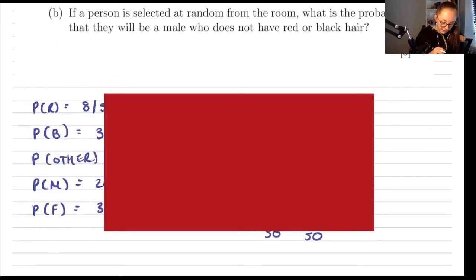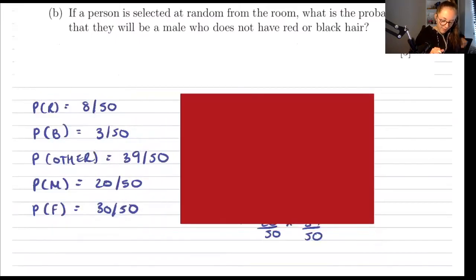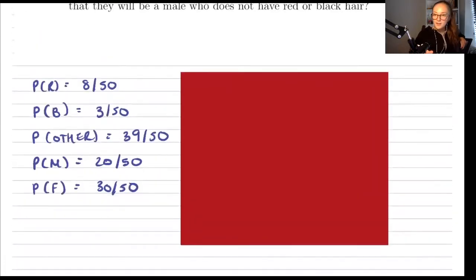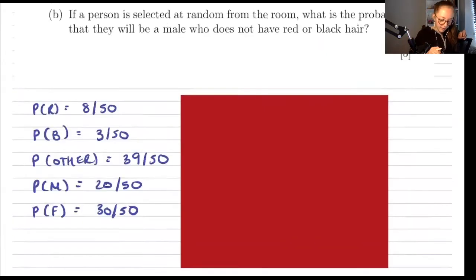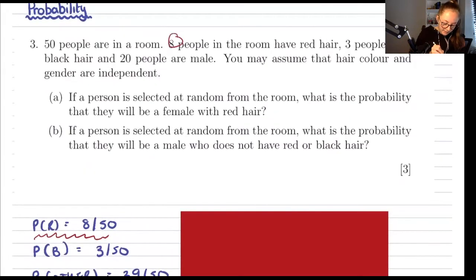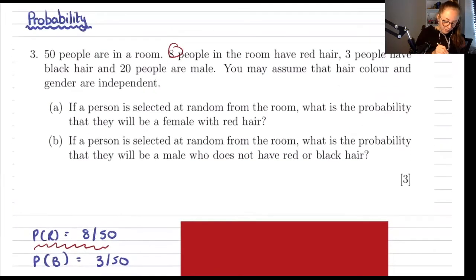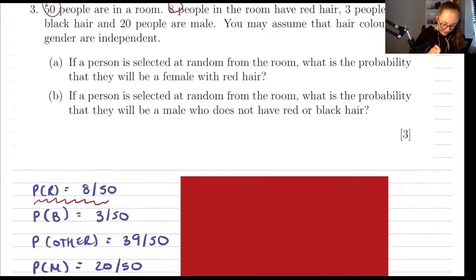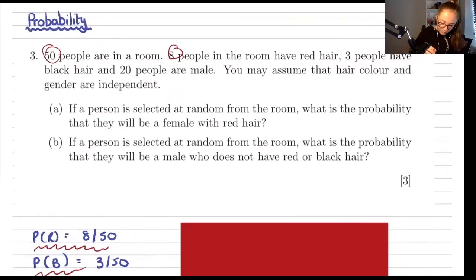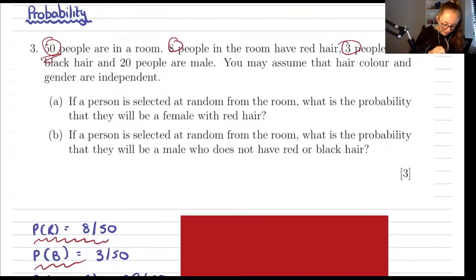So the first thing that I did was I kind of put the information into a more clear and understandable way. So I'm saying the probability of having red hair would be 8 out of the total, which is 50. And then the probability of having black hair would be 3 out of the total 50.